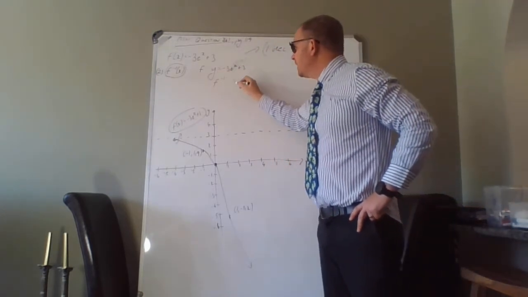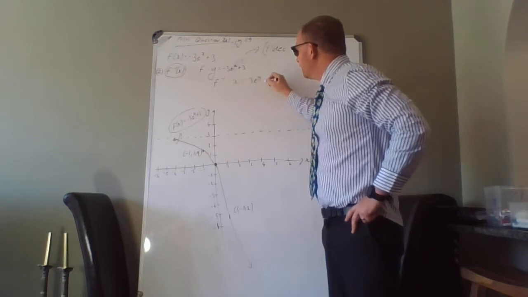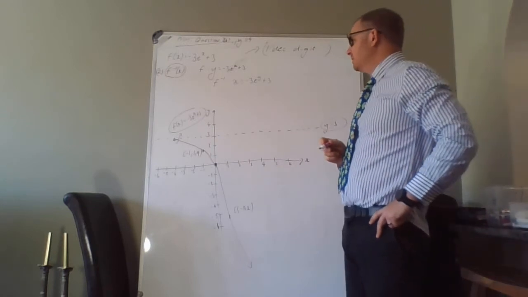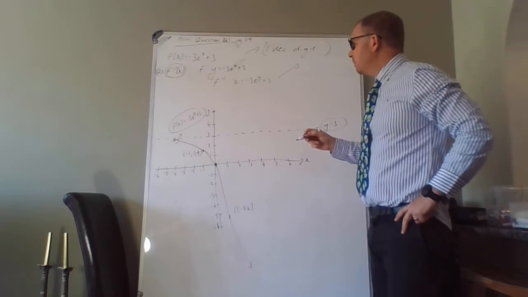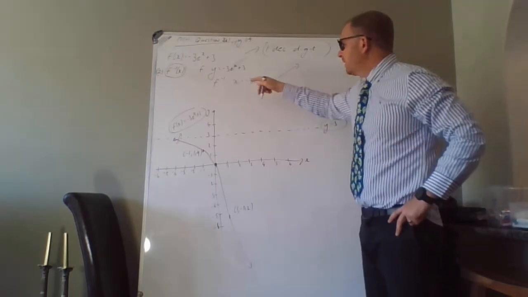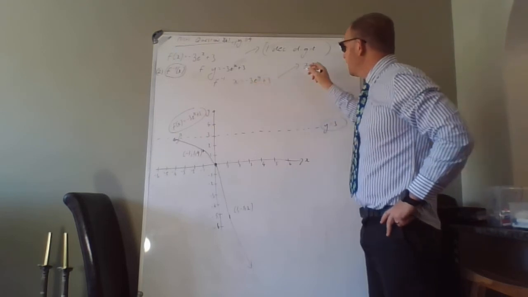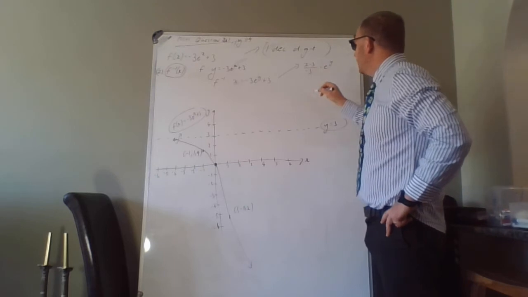So instead of y there, we're going to have x is equal to negative 3e to the y plus 3. But they want it in the form f to the negative 1 of x is equal to something. So somehow we've got to isolate y. So to isolate y, if I move that across, x minus 3 divided by negative 3 is going to be equal to e to the y.